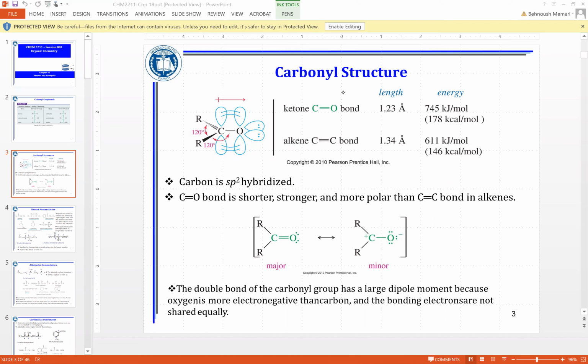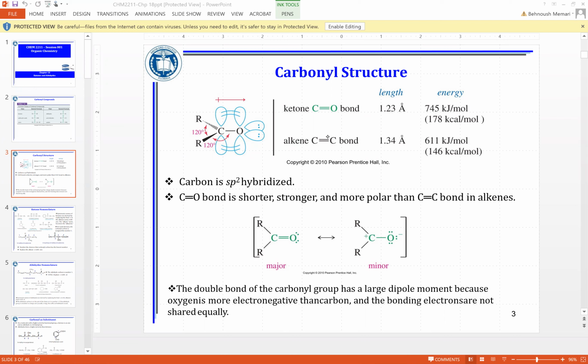Just like alkenes, which have a C=C double bond with a pi bond, alkenes can go through addition reactions. The carbonyl group can also go through addition reactions because you just break the pi bond and add two groups, one to the carbon and one to the oxygen.